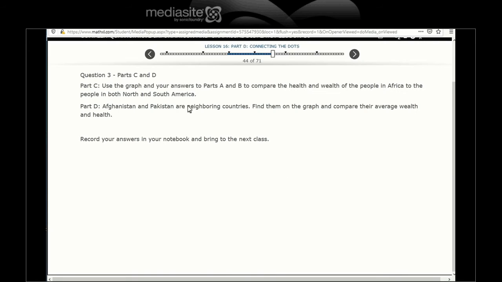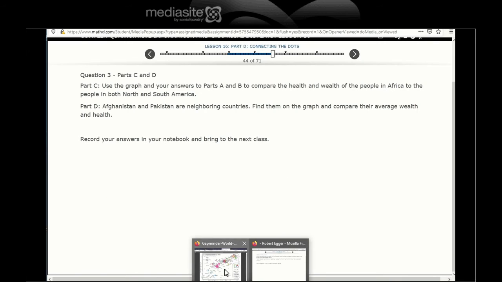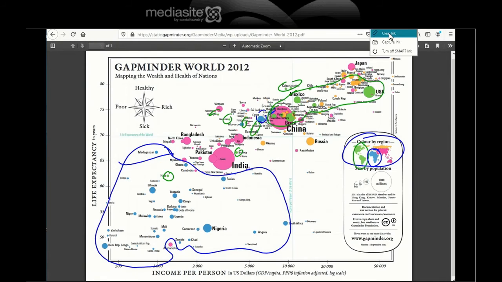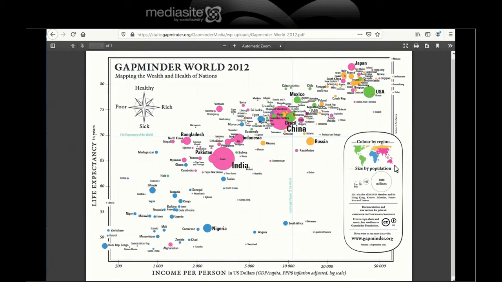And find Afghanistan and Pakistan. Let's find Afghanistan and Pakistan. Fortunately, the same color. So Afghanistan, Pakistan. I'm going to pause while I look for these things. Okay, found Afghanistan right away. Took me a while to find Pakistan. Don't know why. They kind of stood out, kind of hidden by India though.